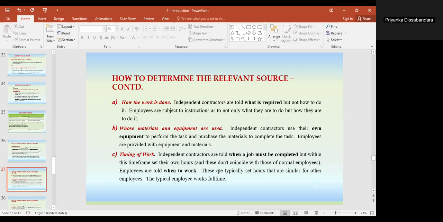The next one is timing of work. Employees are given a specific time period. We have to go to work by 8 a.m. or 8:30 a.m. Then we should be there. We cannot leave the office.